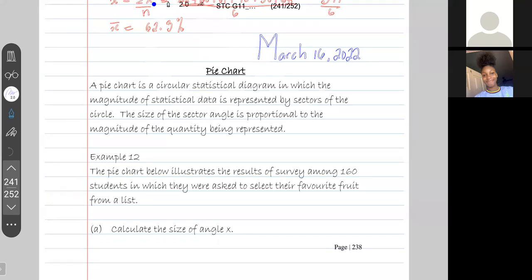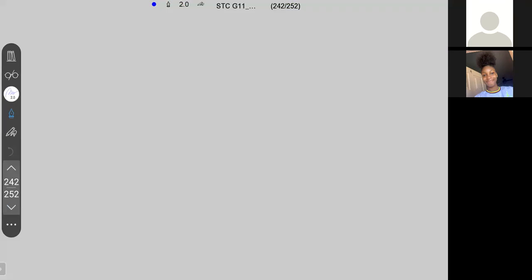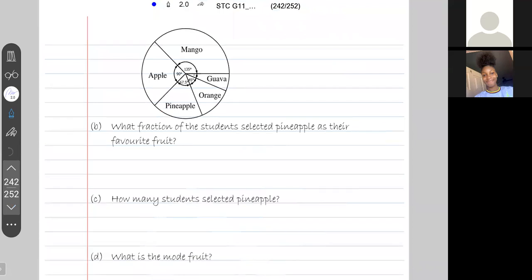Part A says, calculate the size of X. To do that, we first look at the pie chart. The entire pie chart represents 160 students.